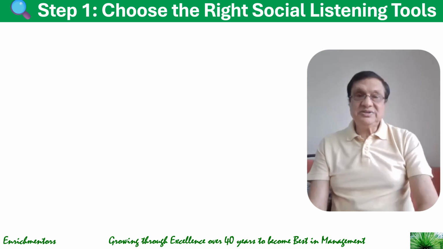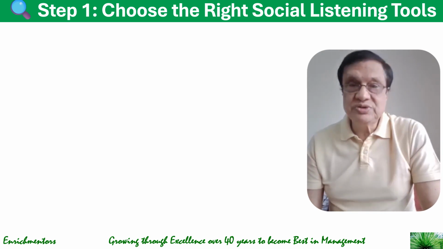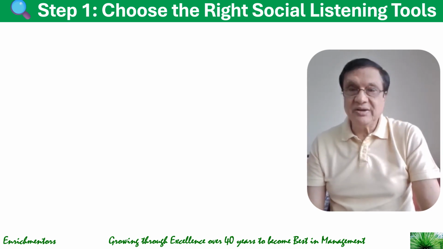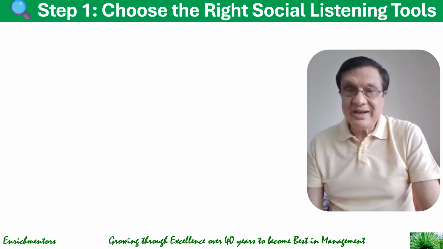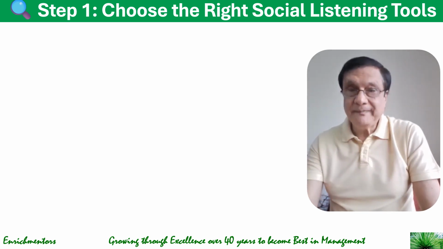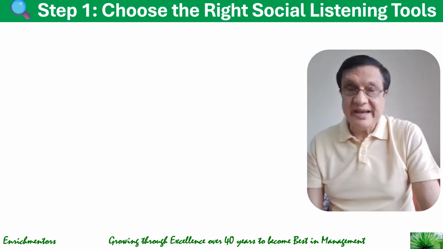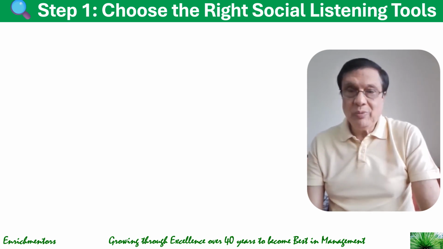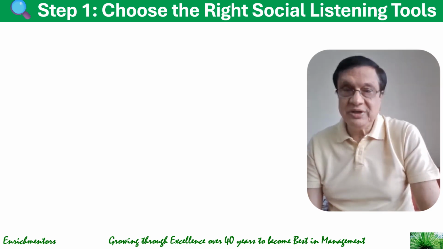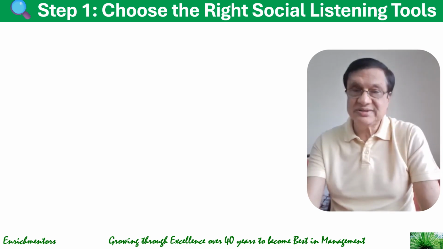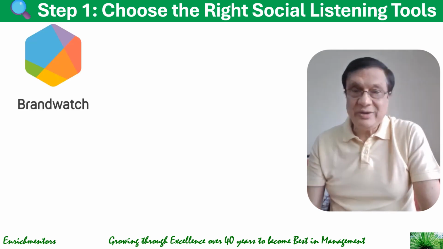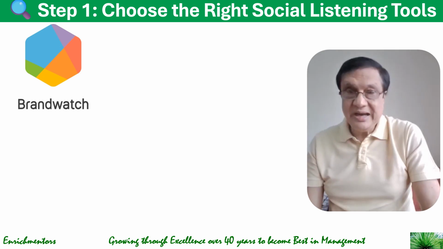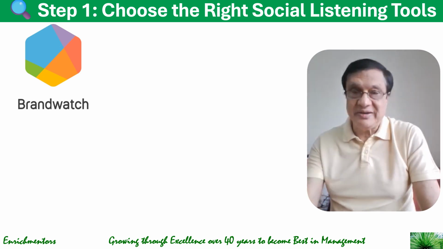Now, to do that, the first step that you need to do obviously is to choose the right listening tools. Now, the right tools will help you analyze public opinion, track keywords, and monitor brand mentions across platforms like Twitter, Facebook, LinkedIn, Reddit, and news sites. Now, what are your options in terms of the popular social listening tools? First one is Brandwatch. It's AI powered analytics for brand sentiment.